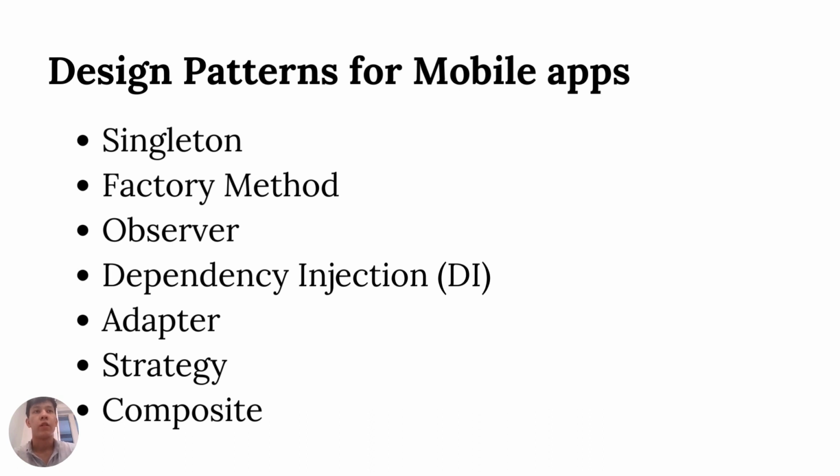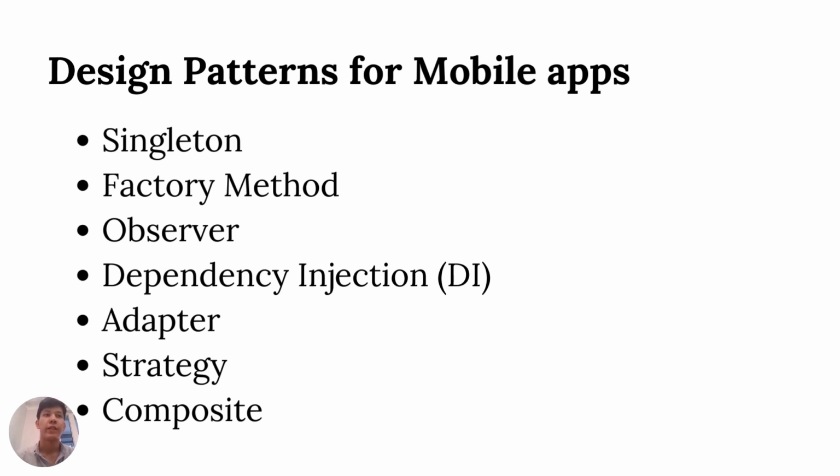Now let's talk about the design patterns for mobile applications. Here are some of the most common well-known design patterns. The first is singleton pattern, the second factory method, third observer, dependency injection pattern, adapter, strategy, composite, and all of these patterns have their own purpose.